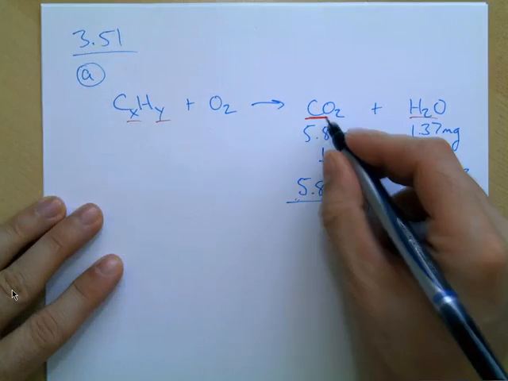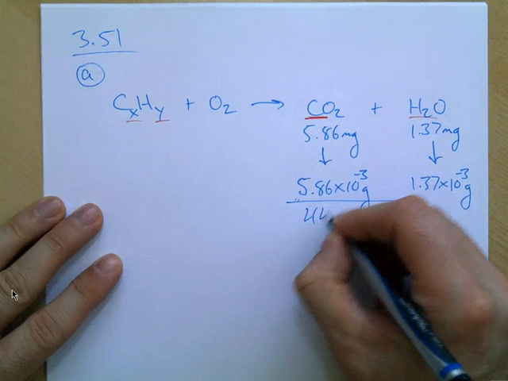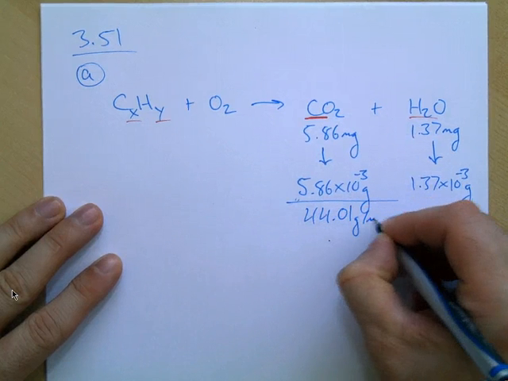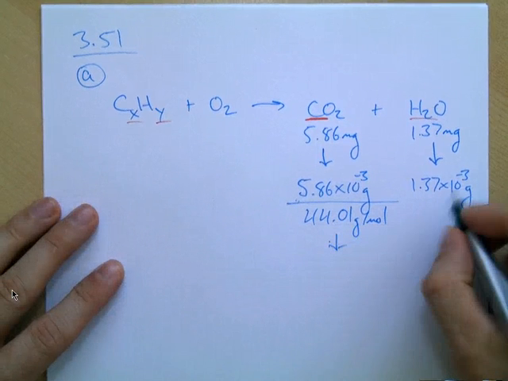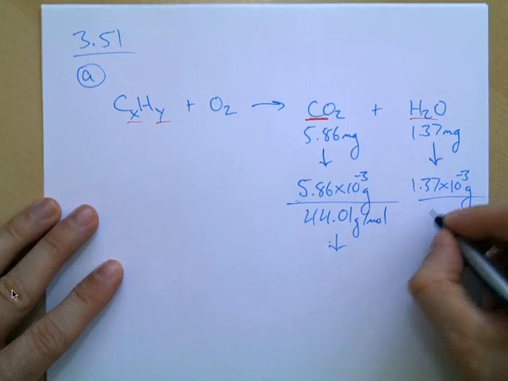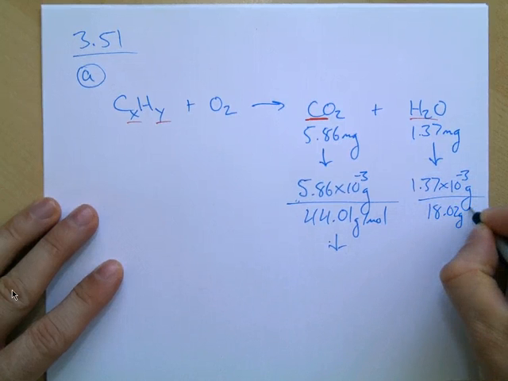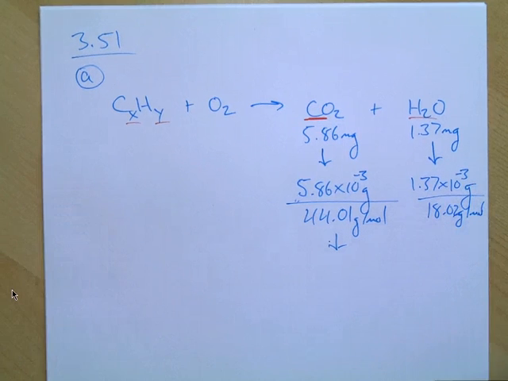So the molar mass for carbon dioxide is 44.01 grams per mole. Of course, my grams cancel out and the moles goes up top, and I'm now in moles. And I'm going to divide this one by the molar mass of water, which is 18.02 grams per mole. Grams cancel out, the moles will go up.